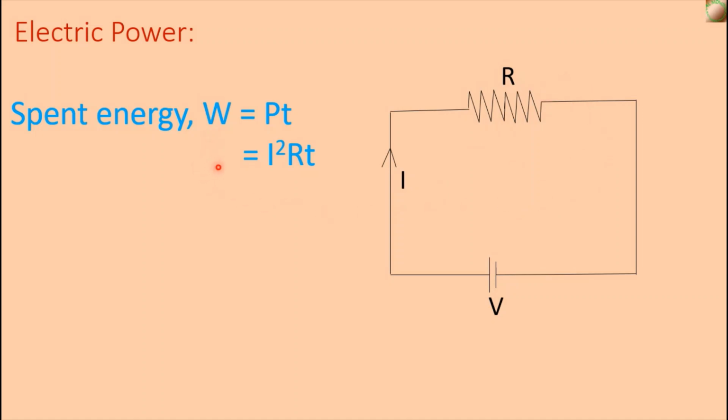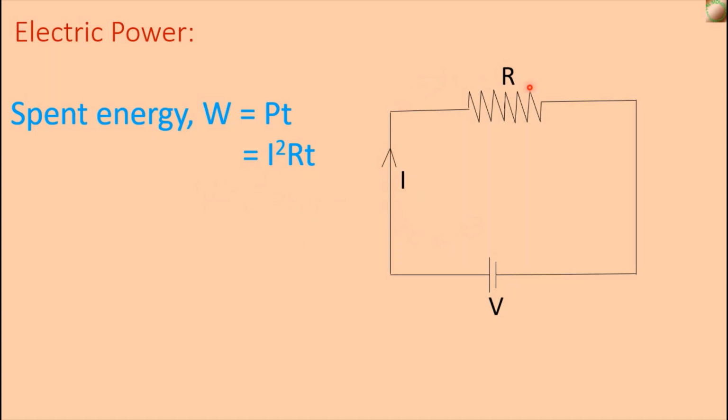And we can see in this equation W is equal to I square RT. When R and T are constant, then spent energy or heat produced is directly proportional to the square of the current flowing through this circuit. If current flowing through this circuit is 2 times, then spent energy or dissipated energy will be 4 times.